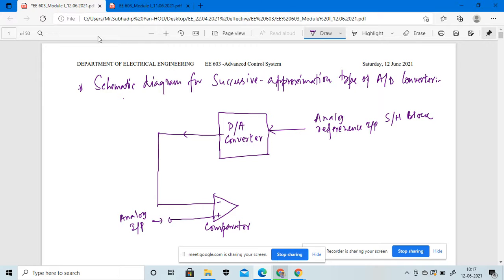And here we are connecting a successive approximation type register, right?